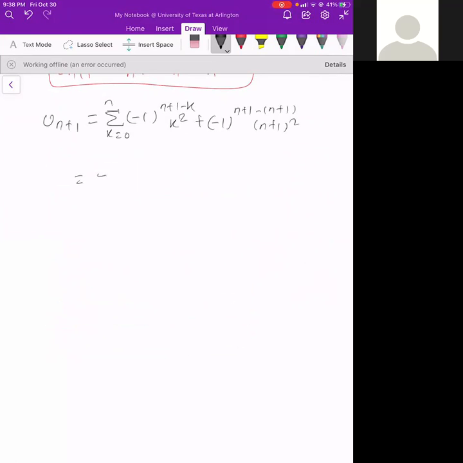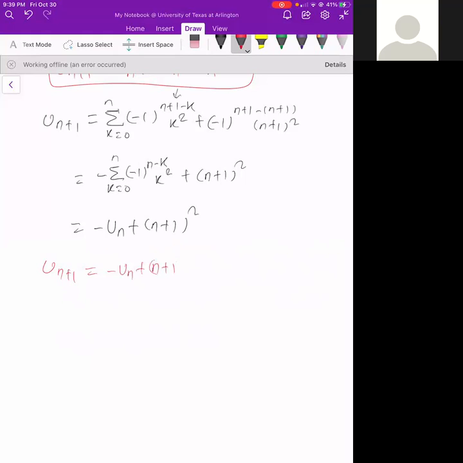And this thing is going to be minus the sum for k equals 0 to n, because of this 1 over here, as I told before. Sorry about that, this is going to be (n minus k) times k squared, and this last thing is only going to be n plus 1 squared. Now this is just minus U_n plus n plus 1 squared.